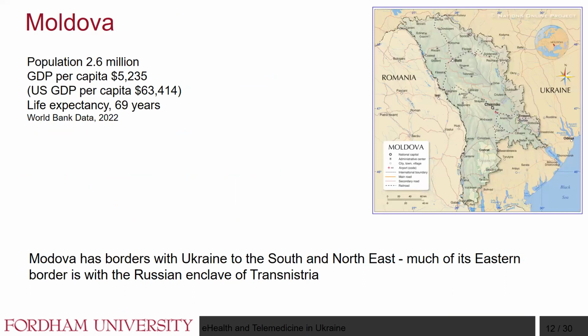So why Moldova? Well, Moldova is also a very low-income country between Romania and Ukraine, with borders to Ukraine in the north. Most of its eastern border is actually with the Russian enclave Transnistria, and in that map, the bottom to the south is also Ukraine.